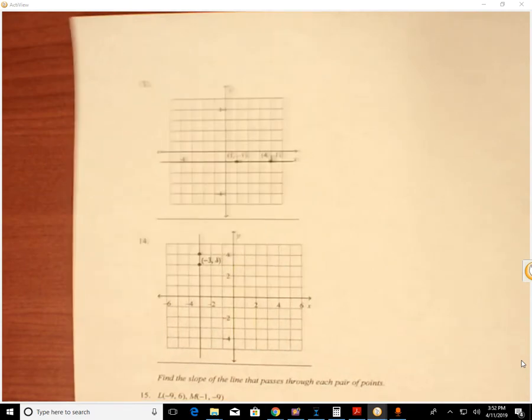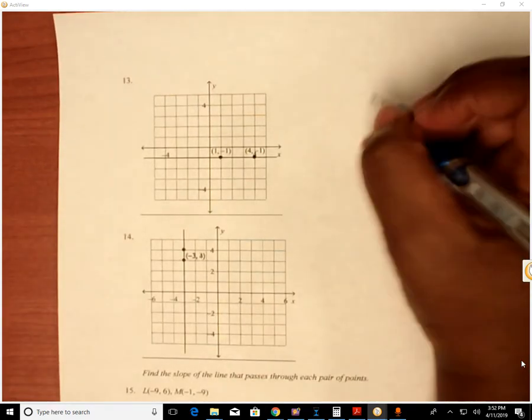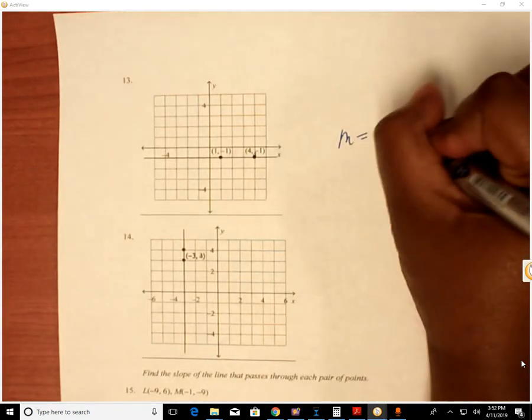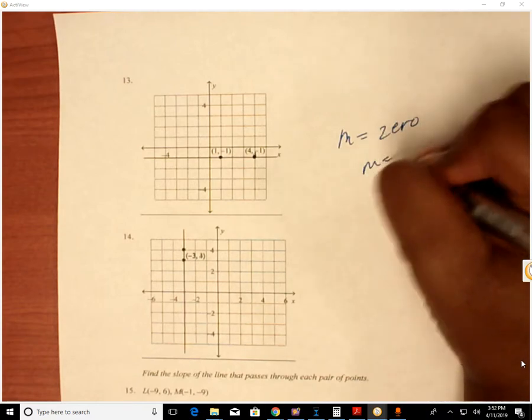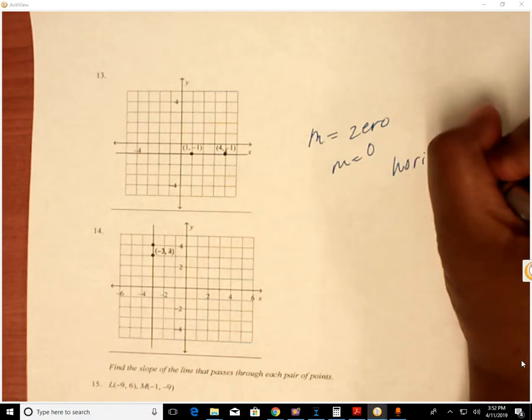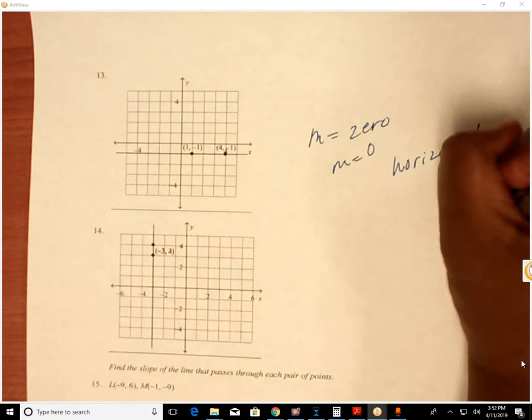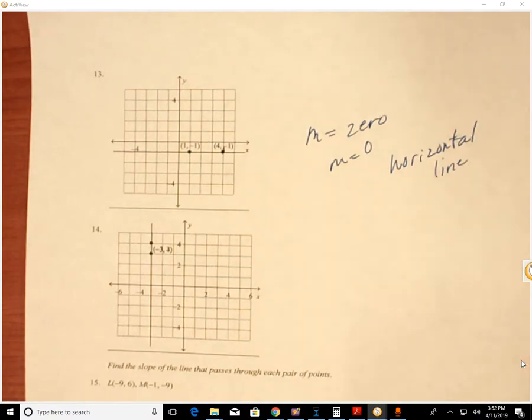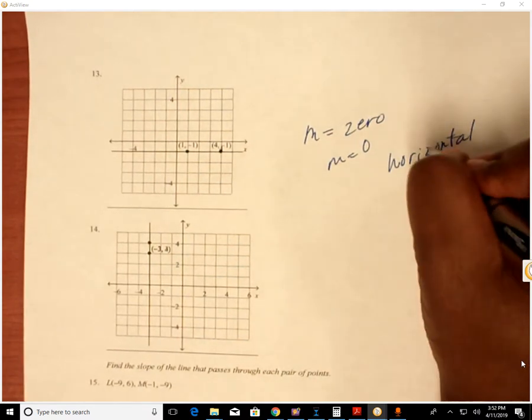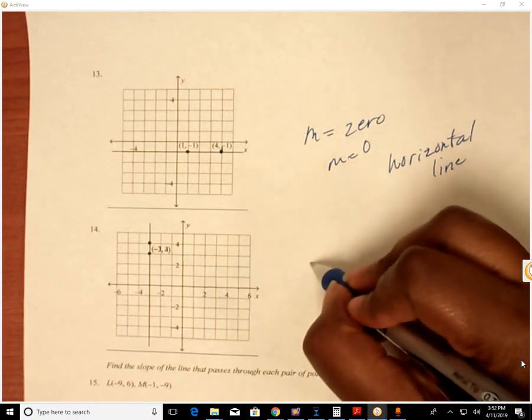13 and 14, we should know. Slope dude says this is 0 fun, so the slope is 0. And remember, this is a horizontal line. If I spell horizontal line wrong, forgive me.